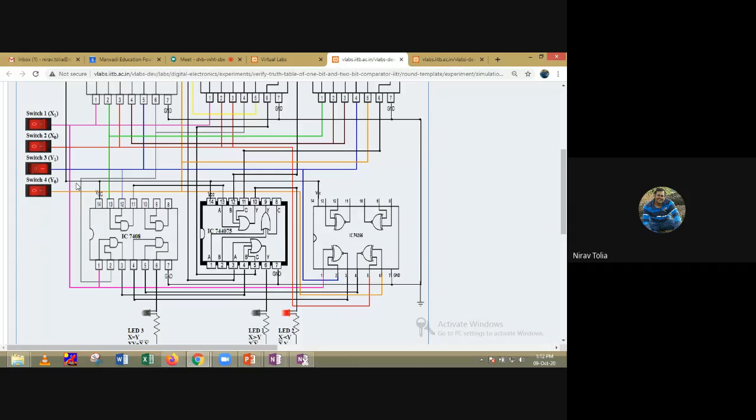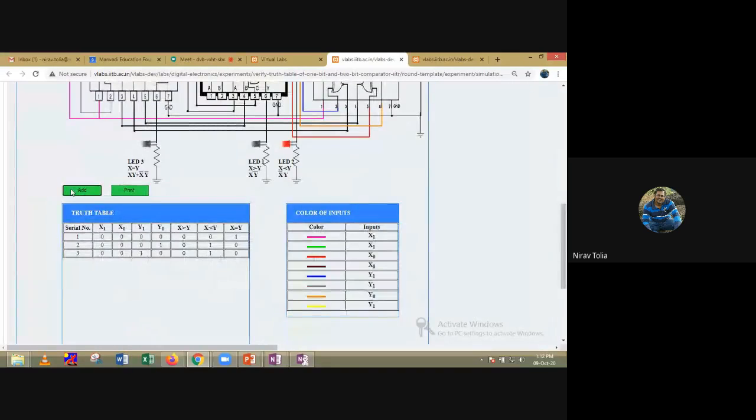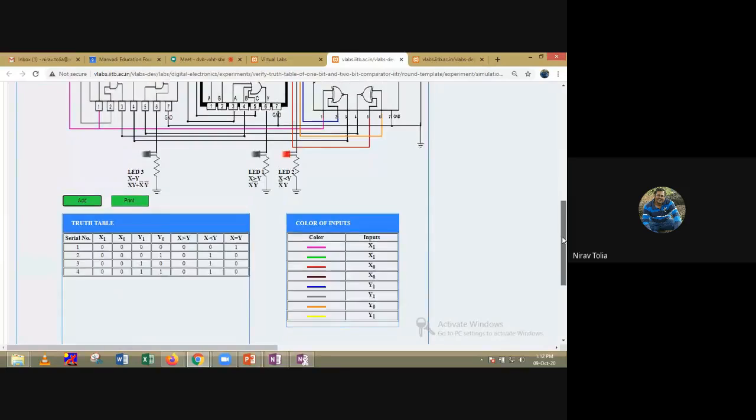If you click on the printout, you can easily save this image. So after 0010, it is 0011. Again 0011, X is less than Y.